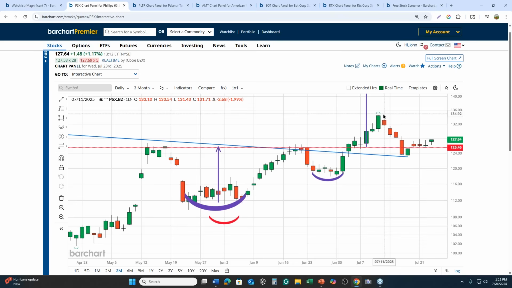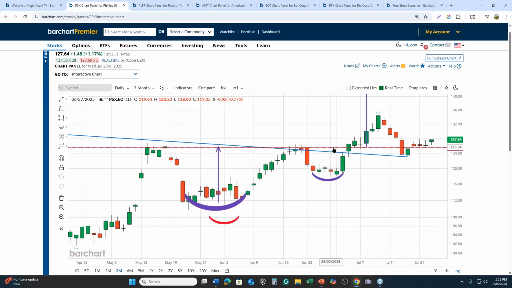Now notice that I was talking about confirmations. And so at any point here, if we got a close above our lip here or our line of resistance, that would be a buy signal.